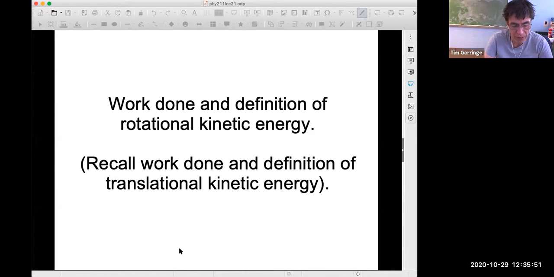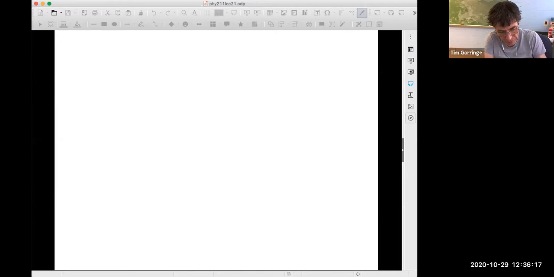Okay, so I want to start by introducing the definition of the rotational kinetic energy of a rotating object. And we're going to talk specifically about the work done by torques on a rotating object and draw an analogy with a previous topic, the work done by forces on a moving object.